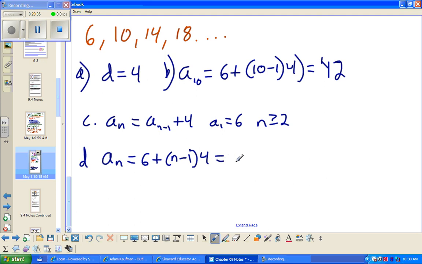And then you multiply that out, expand, combine your like terms, and you get 4n plus 2 in this case. So that's what we're looking for in 21 through 24. 25 through 28, you're doing the same thing, only for the geometric sequences. So I would do those the same way.